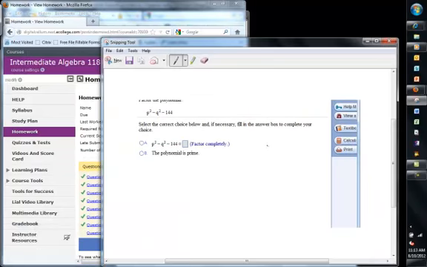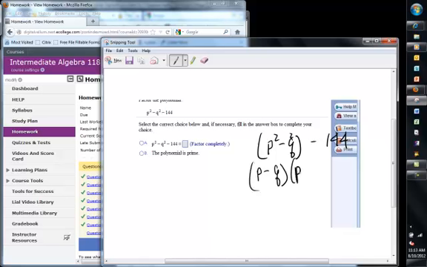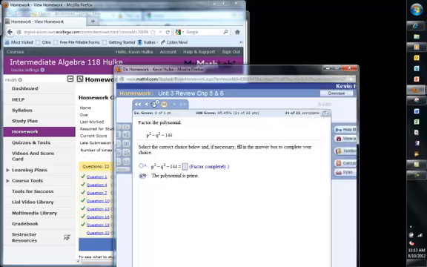If we grouped them, p squared minus q squared minus 144, p squared minus q squared is not a square. You could factor it into p minus q, p plus q, but then what are you going to do with the 144? Because that's not part of the terms. Yeah, I'm going to say it's prime. Okay, and that's it.